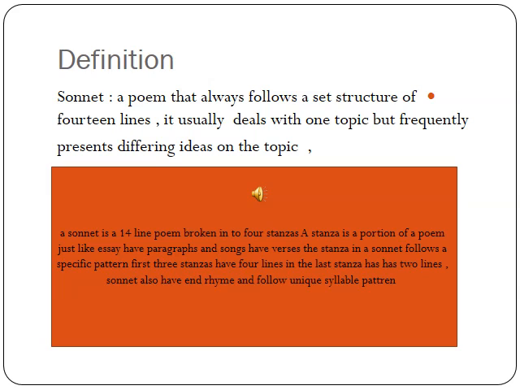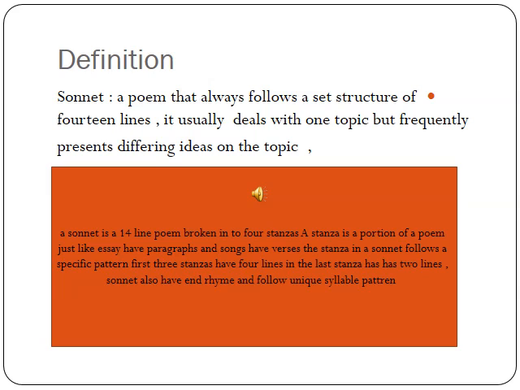A sonnet always has end rhyme and follows an iambic syllable pattern. Anyway, the history of the sonnet: it comes from Italy in the 13th century. It was a sonetto, and they changed it to sonnet. It includes 14 lines with four stanzas.